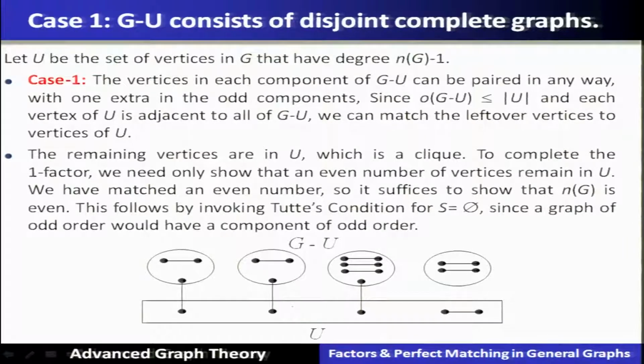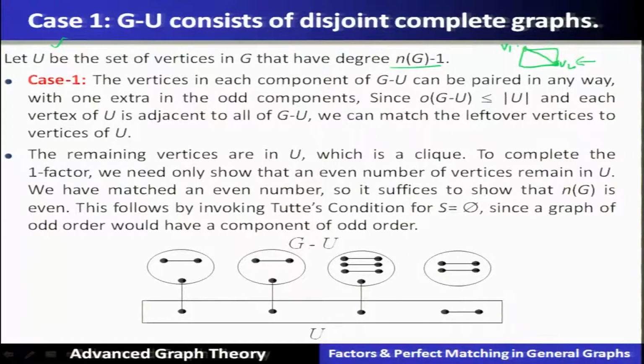So, case 1. Let us assume that U is a set of vertices in graph G that have degree n minus 1. Let us take this example of a graph. This graph has two vertices, vertex 1 and vertex 2, whose degree is n minus 1.